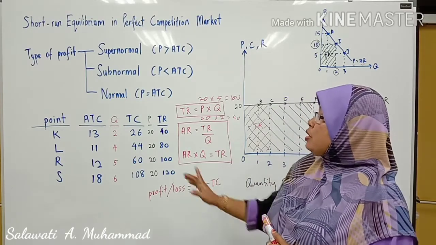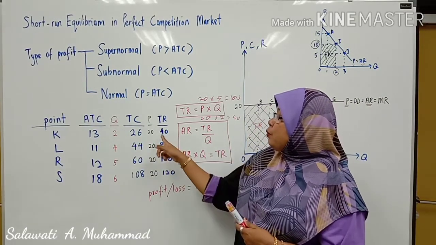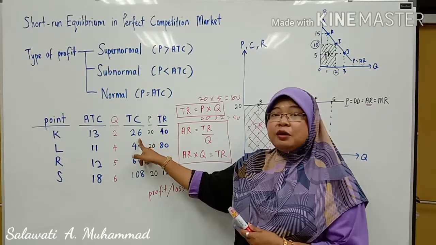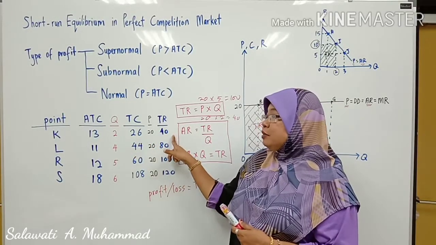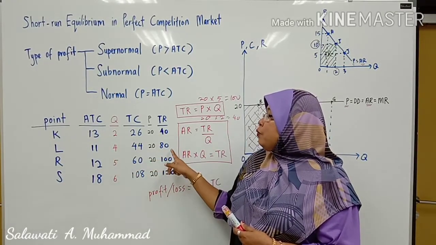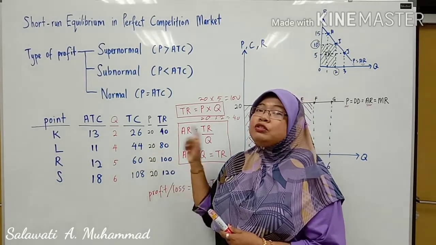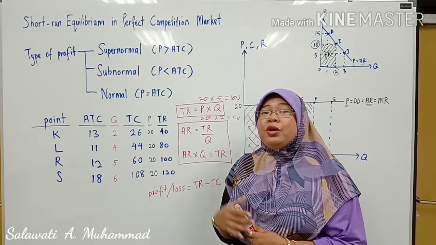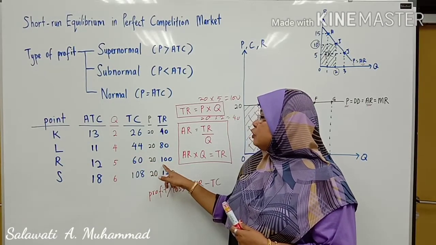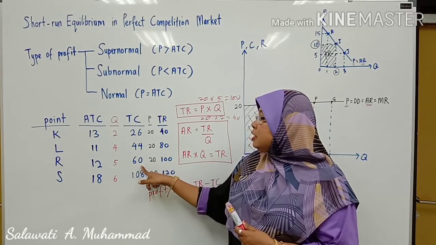Okay, so at quantity 2, we subtract 40 and 26, meaning a positive value, it's profit. At quantity 4, we subtract 80 with 44, also a positive value, meaning profit. At quantity 5, total revenue is 100, total cost is 60.